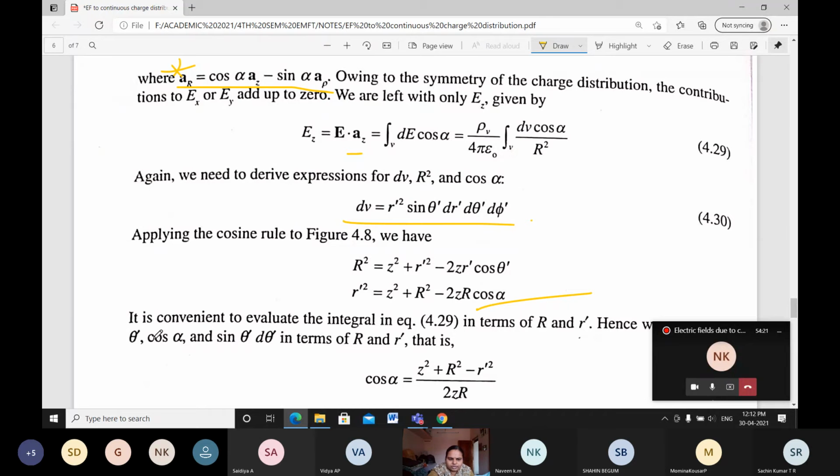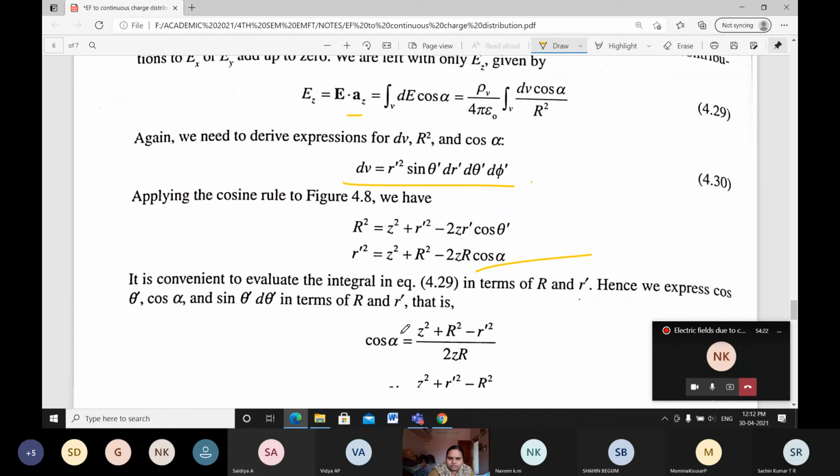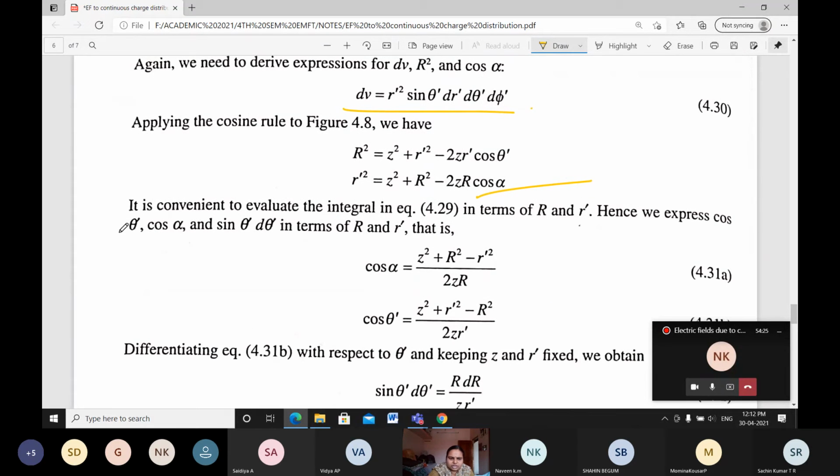For our convenience, we express cos alpha as z square plus r square minus r dash square divided by 2 z r. In terms of cos, cos theta dash is going to be z square plus r dash square minus r square divided by 2 z r dash.